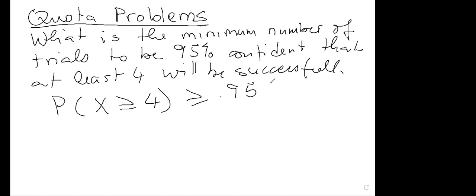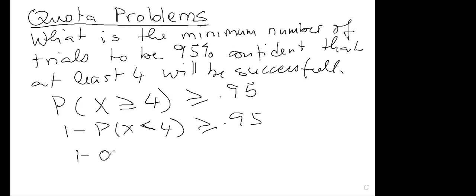With the complement rule, the probability that x is greater than or equal to 4 is the same thing as 1 minus the probability that x is less than 4, which is 1 minus 0.95 is greater than or equal to.